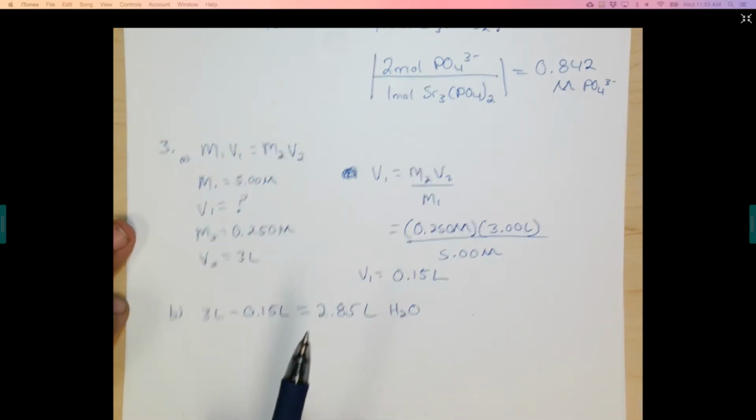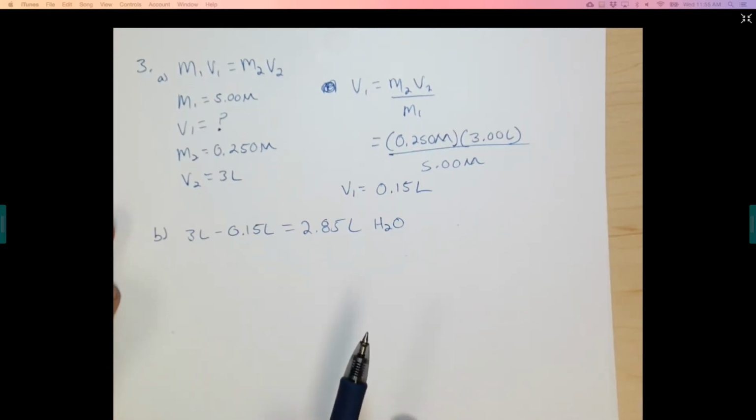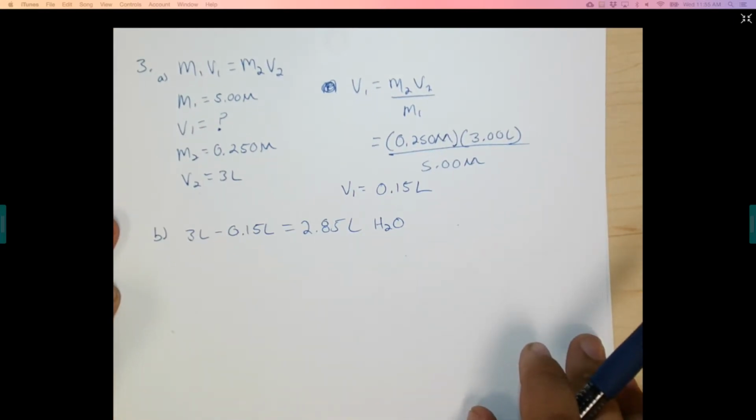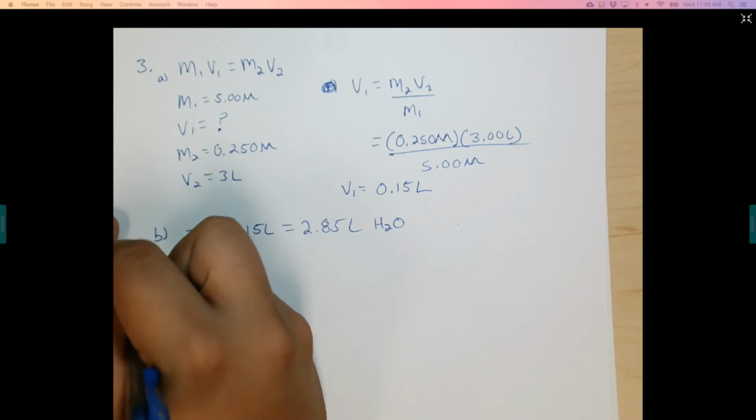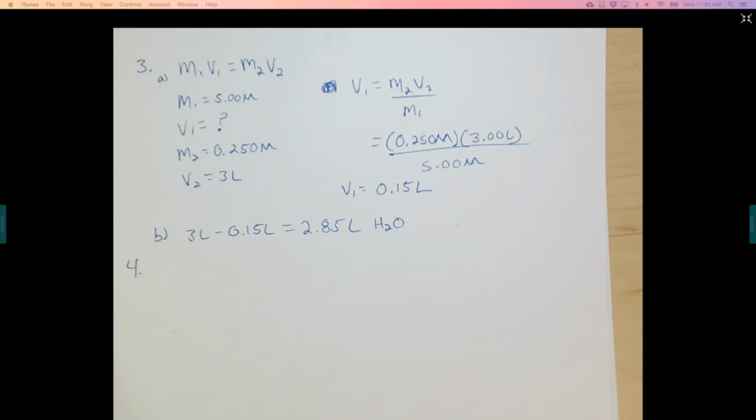All right, let's actually do one more problem. Let's do number 4, which is a calculation of the molarity of a solution. It's a very straightforward problem, but we're going to see problems like this on the assessment as well.